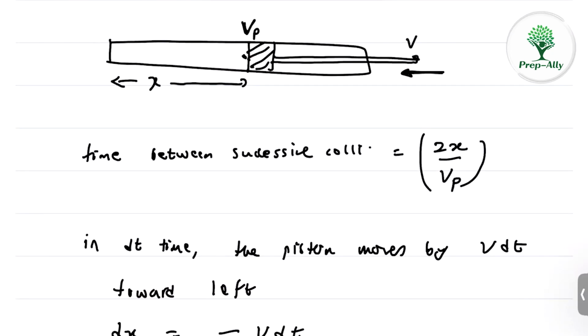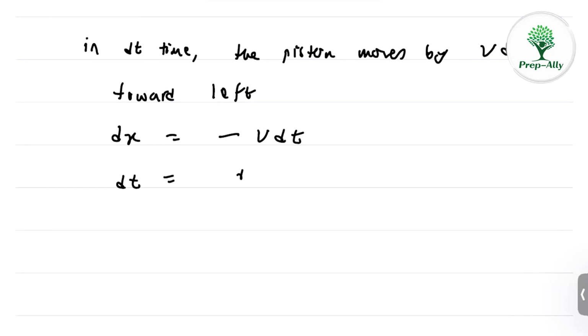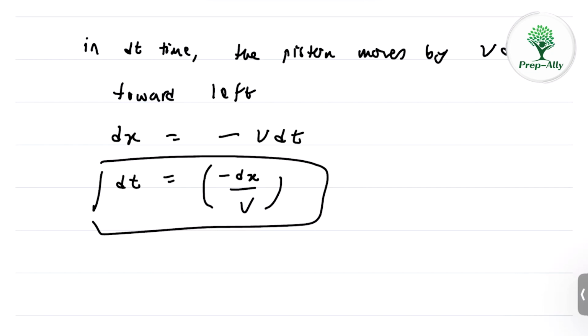Because of the backward motion of the piston with a velocity v, x will reduce. So change in x is negative, minus v dt. So how much is this dt time? It is minus dx by v. In this dt time, the piston goes towards left by dx.